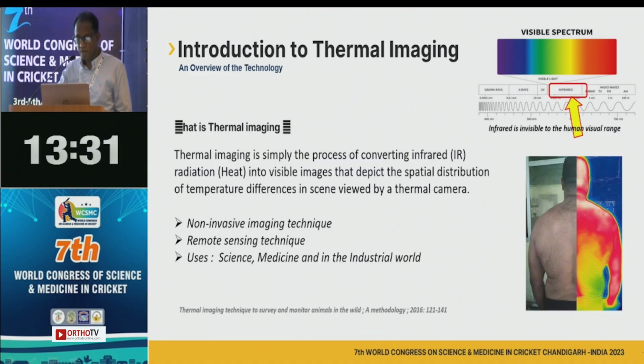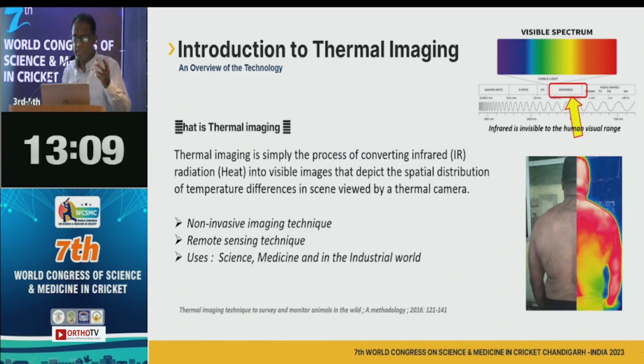Everyone knows infrared is invisible to the human eye, and what we do is use this infrared when it turns into heat, so the visible images depict the spatial distribution of temperature differences in a scene, captured by a thermal camera.